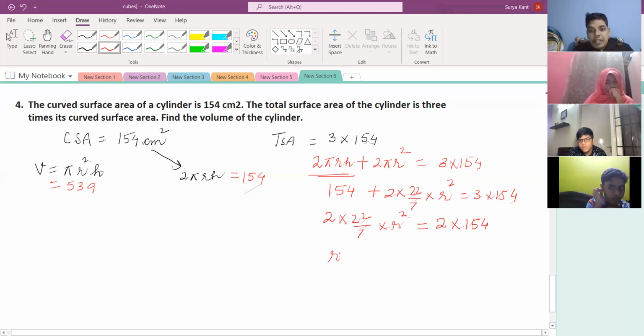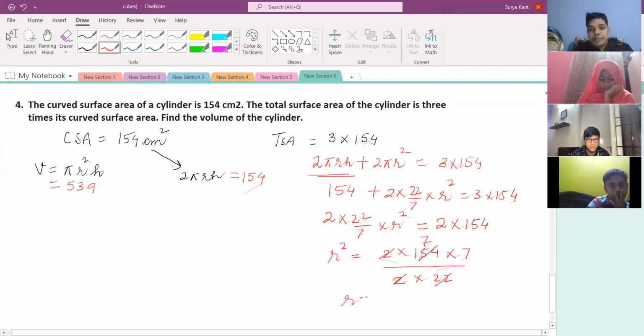Again, r square, what can we write? 2 into 154 into 7 by 22, into 7 by 2 into 22, right? Yes, sir. So this 2 will get cancelled. 22, 7. R becomes 7, right? Yes, sir.